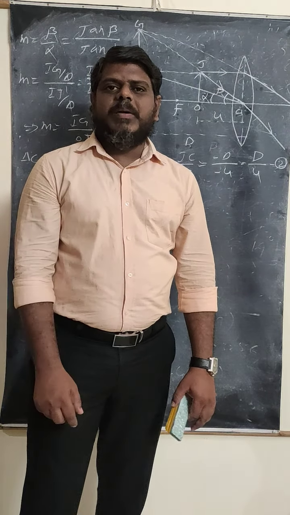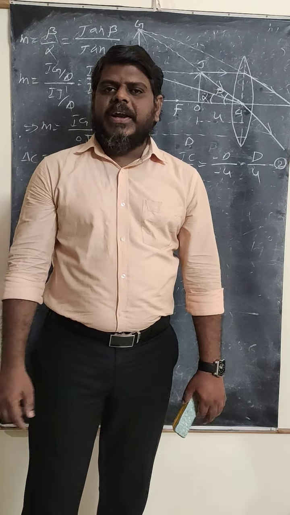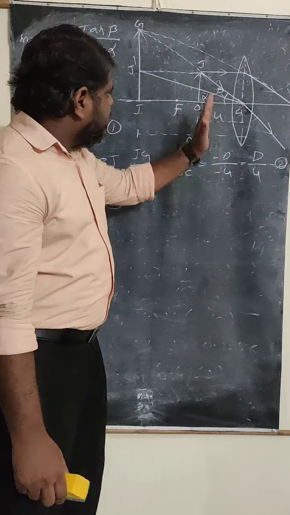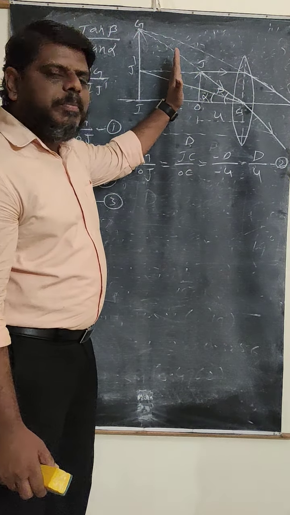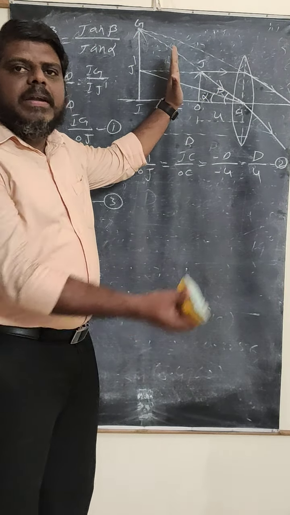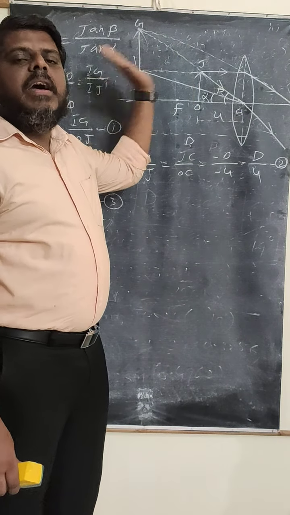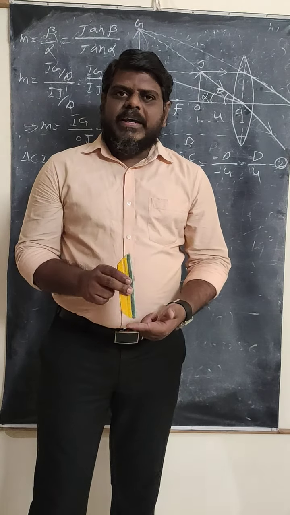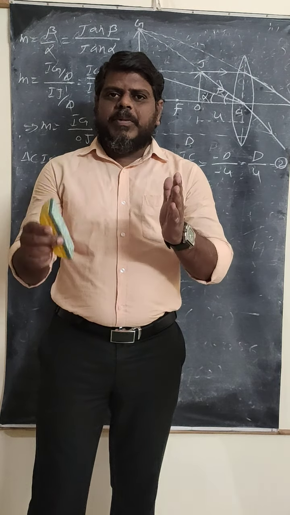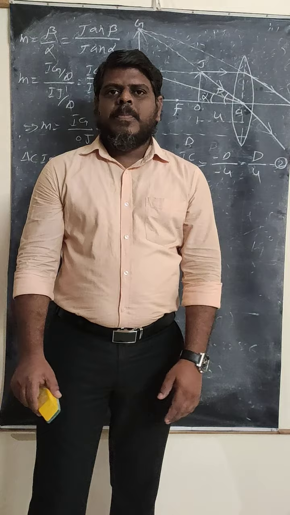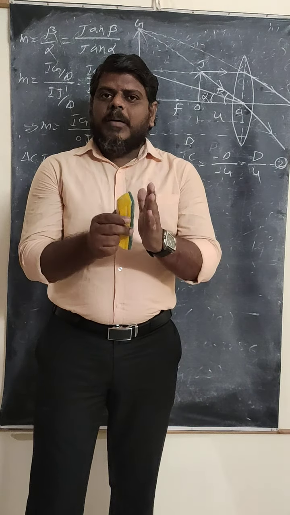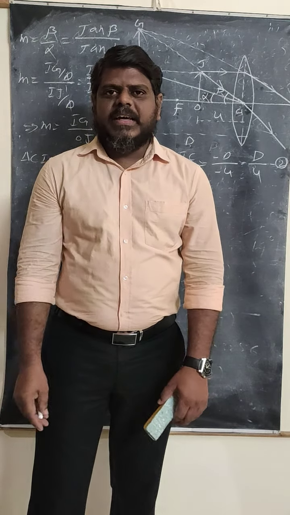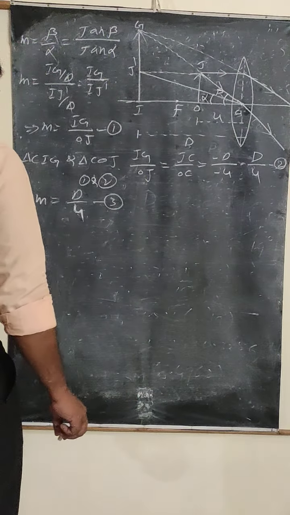Where should the object be placed to get the image at infinity? No doubt, the object should be placed at the principal focus. Then the final image will be produced at infinite distance. These are the two conditions you need to remember. For near point, the object should be placed between the principal focus and the optic center. For the far point adjustment, the object should be placed at the principal focus, then the image will form at infinite distance. First we are going to discuss the near point.